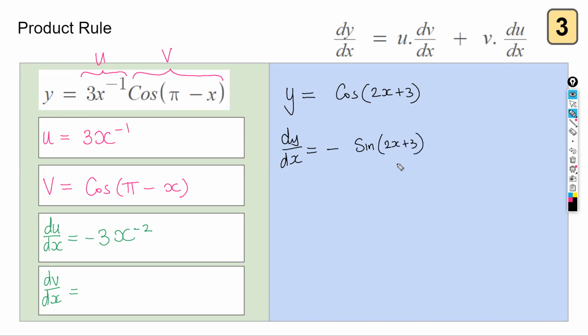But with one small exception. Whoever is touching the x also goes over here, right? So just take a quick look back at your formulas. You notice the 3 does not have an x, okay? So there's nothing to do with the 3. You just write back the 2x plus 3. It's only the 2 that's going to go outside. Look at this carefully, right? You have cosine pi minus x.